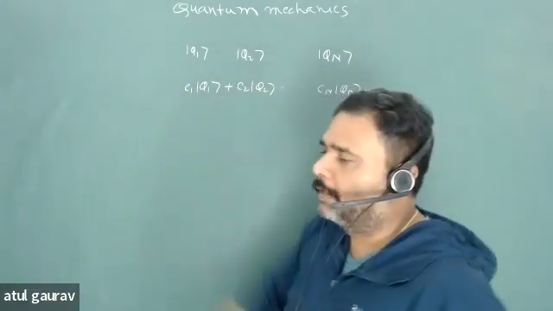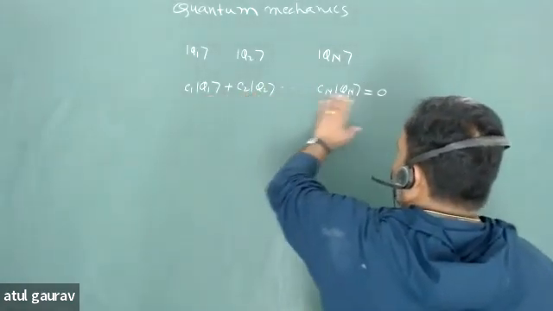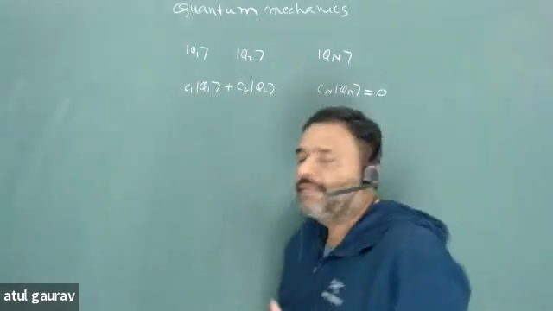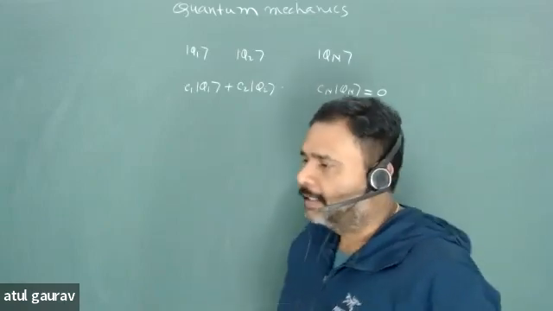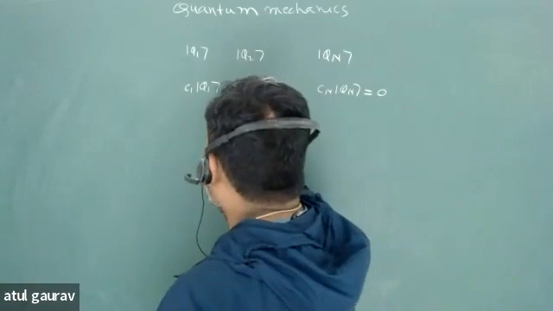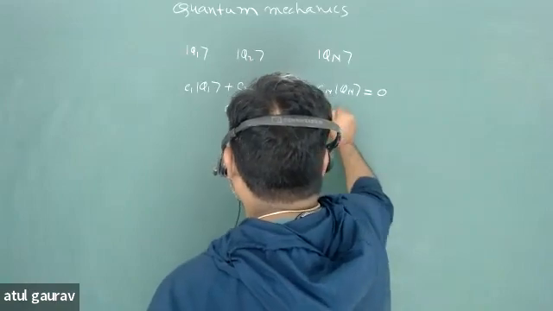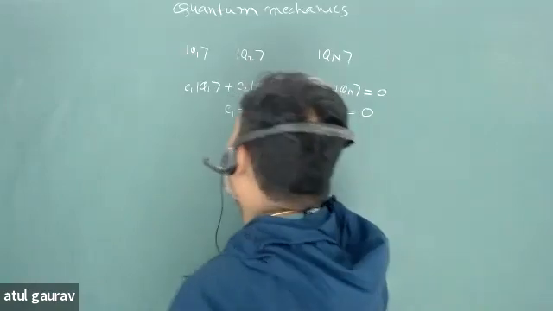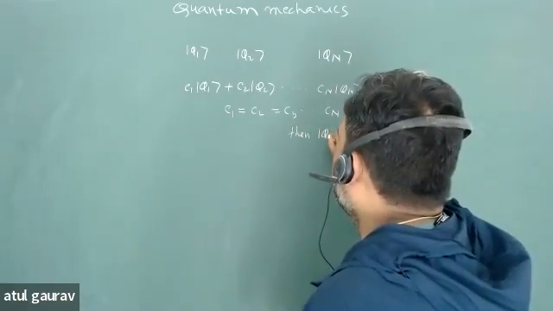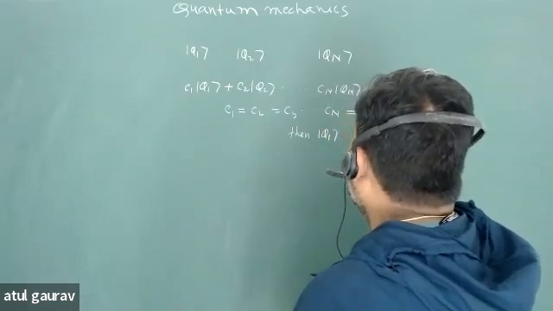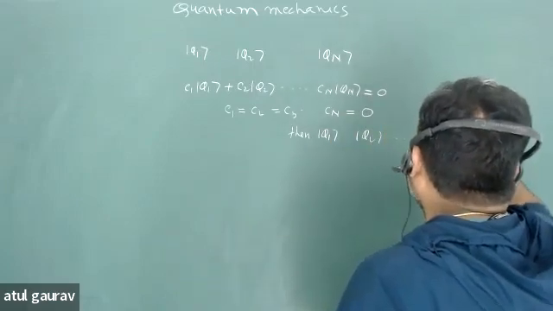You have to create this particular equation, and if there is a unique solution, and that solution is C1 equal to C2 equal to C3 up to Cn equal to 0, then you can say phi 1, phi 2, up to phi n are linearly independent vectors.